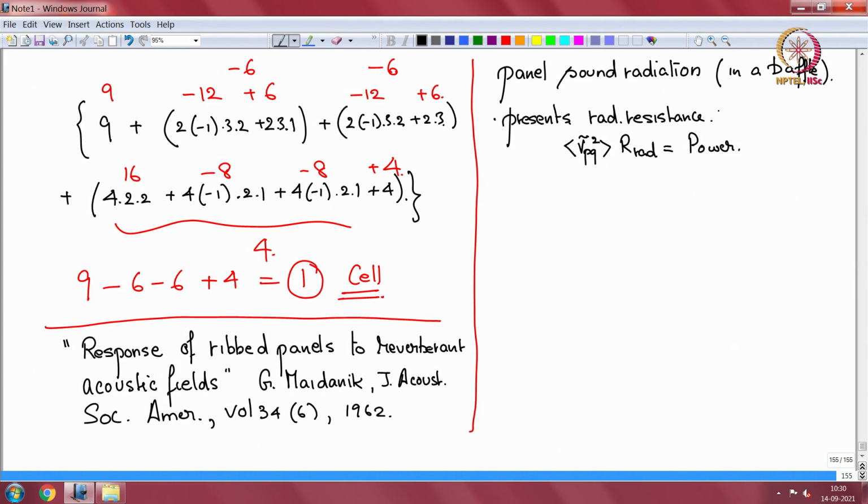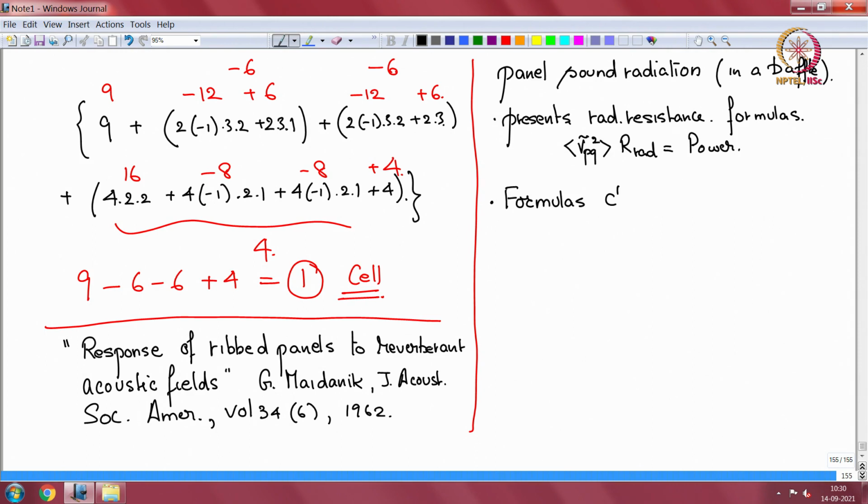So he presents radiation resistance formulas, and formulas in closed form.